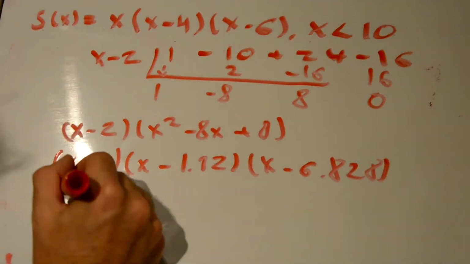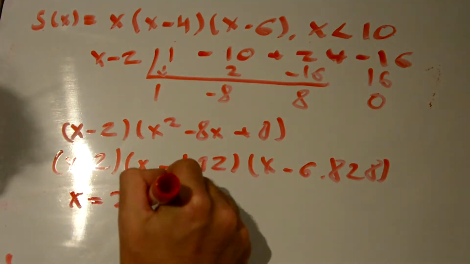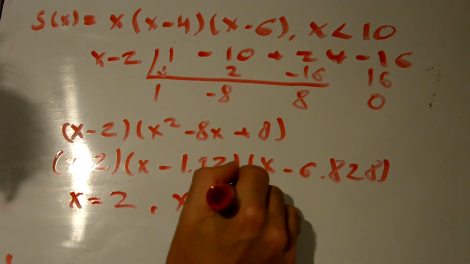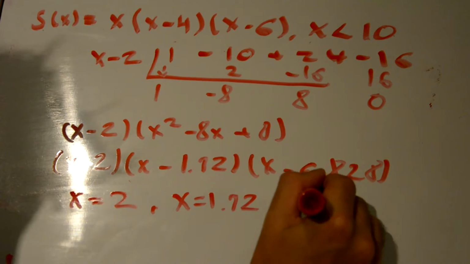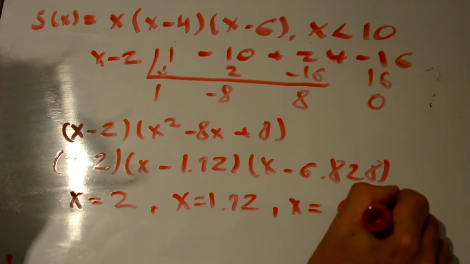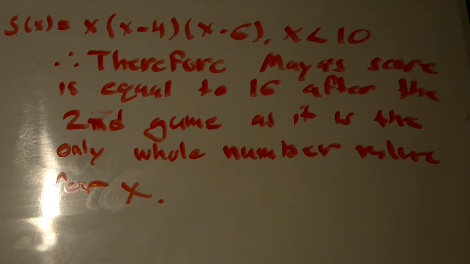This means that x is equal to 2, x is equal to 1.172, and x is equal to 6.828. Therefore, Maya's score is equal to 16 after the second game, as it is the only whole number value for x.